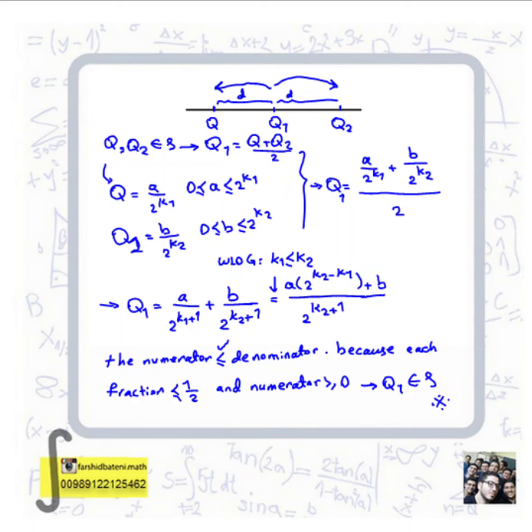Also, you can prove the other conditions, and then we can prove Q1 belongs to S. We said Q is the first point that the robot reached and Q belongs to S, but now we proved the previous point also belongs to S. And now we reach a contradiction, so we proved this case.